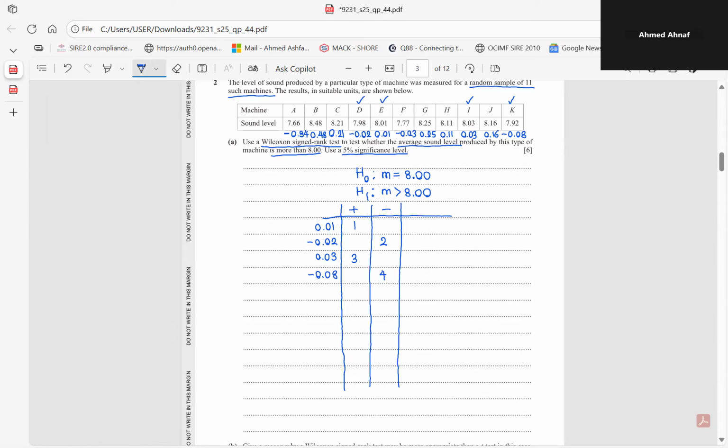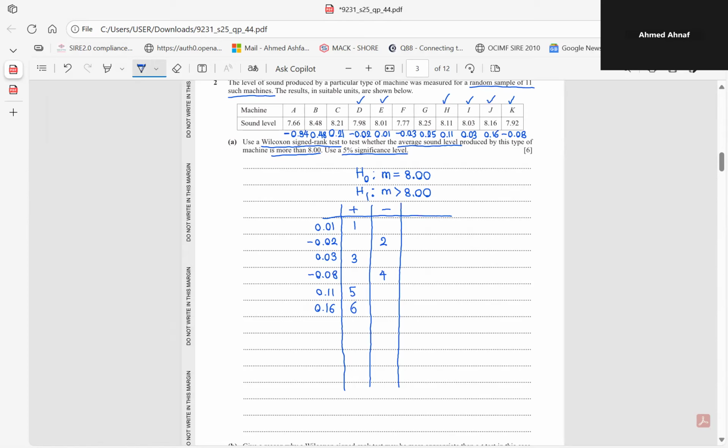Okay, 0.11, yes, so this one is number 5. Then 0.16, so this one is number 6.